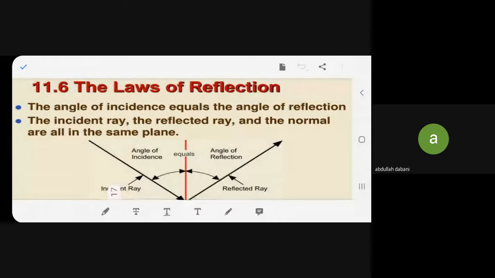The laws of reflection. The angle of incidence equals the angle of reflection. The incident ray, the reflected ray, and the normal are all in the same plane. So the first law that we understood just now was angle I is equal to angle R. Agree?